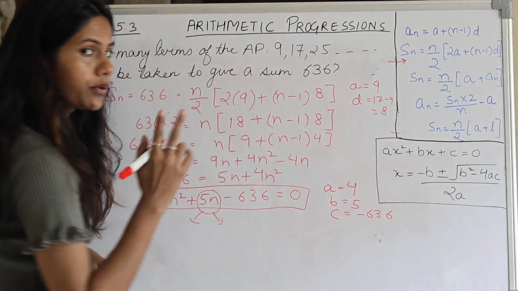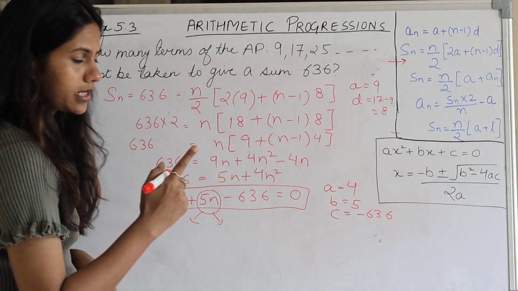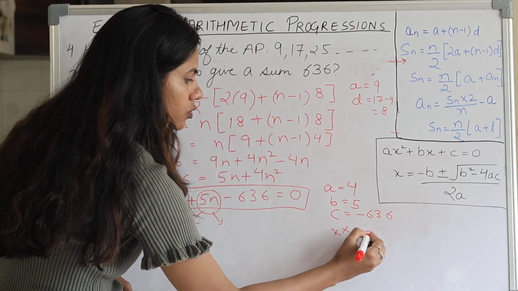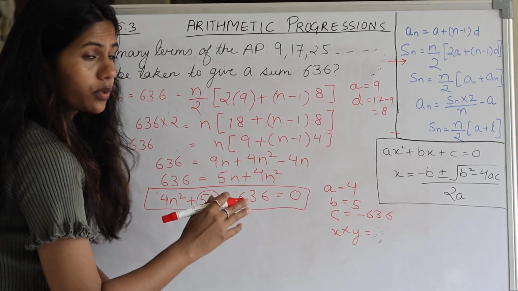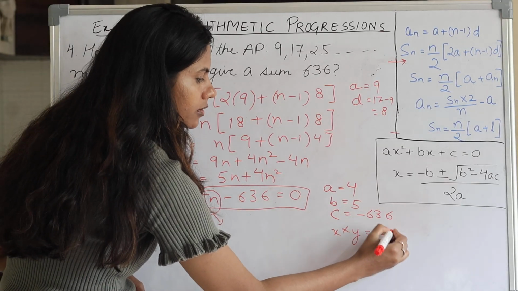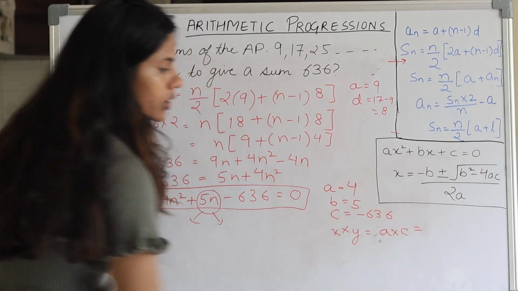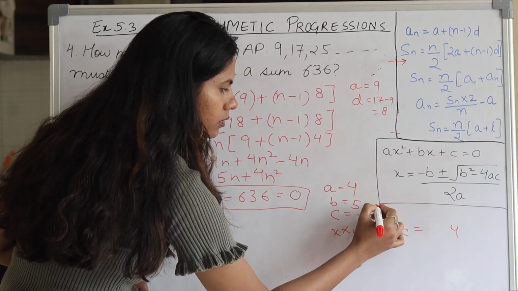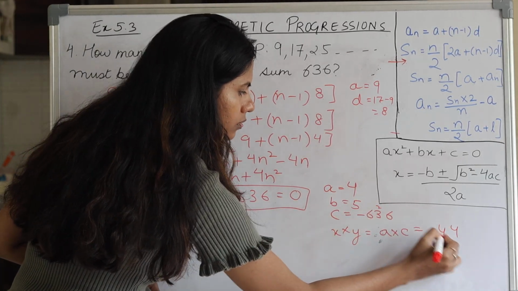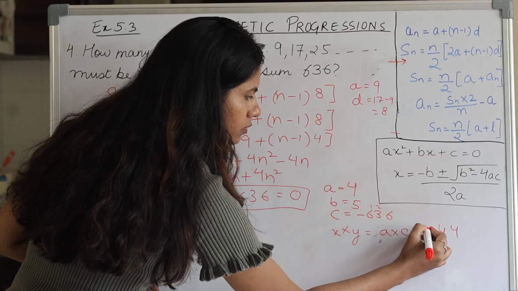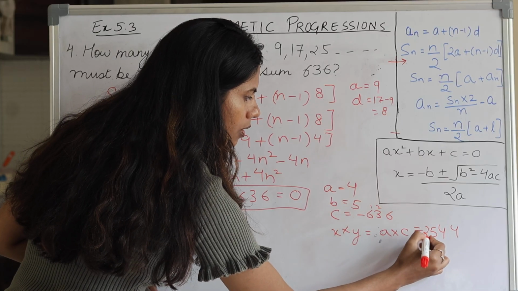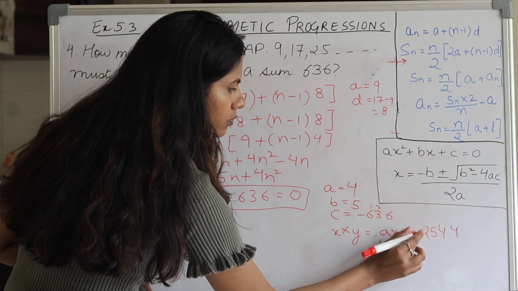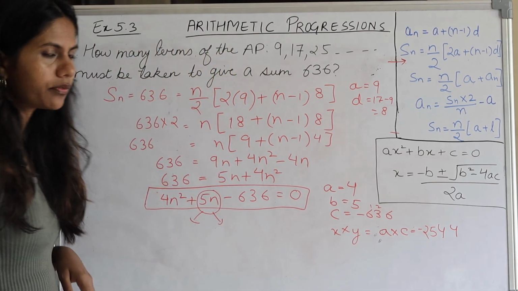We have to find two terms, x and y, whose multiplication is equal to a into c. What is a into c here? Minus 2544.